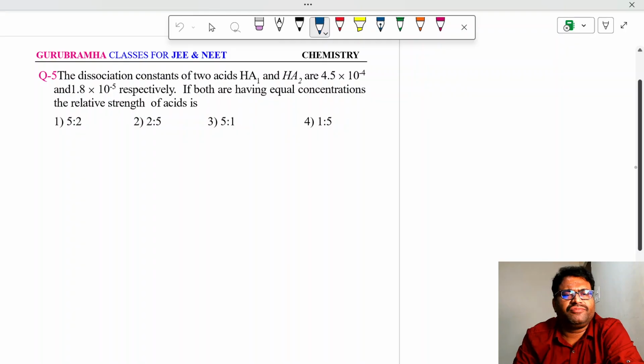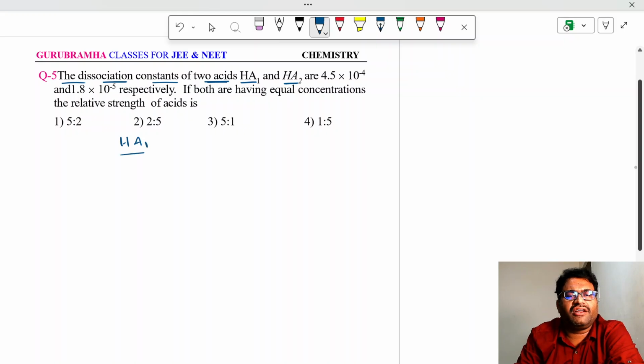Let us see the dissociation constants of two acids HA1 and HA2. So two acids are given. Ka1 is given. What is that?